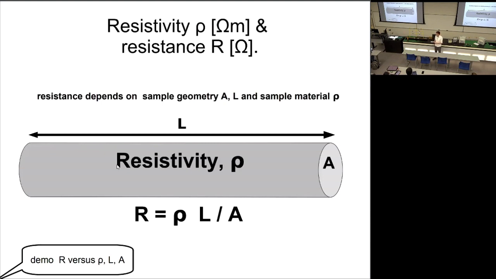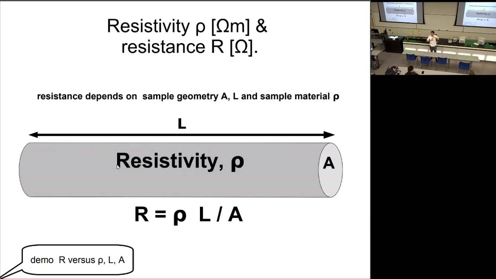Resistance also depends on another feature of the geometry, the area. The area in that equation for resistance is actually in the denominator. So if you have a big area, a big thick wire like the power line wires, that's going to have a relatively large area which will make the resistance small. There's a lot of room for the electrons to stream along that wire.